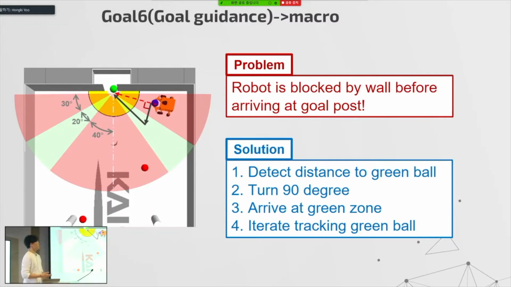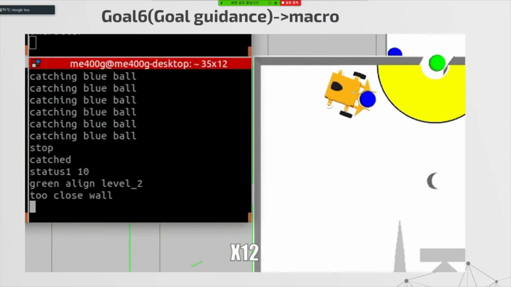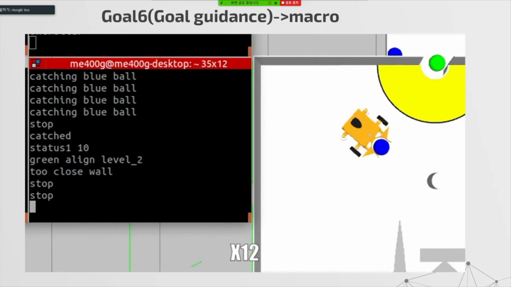Our next method... Because of time, I think we should skip some macros that we wanted to explain.